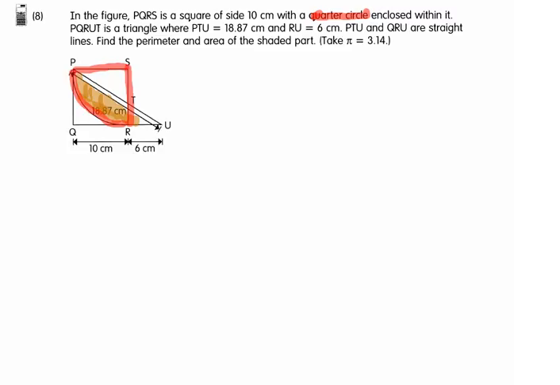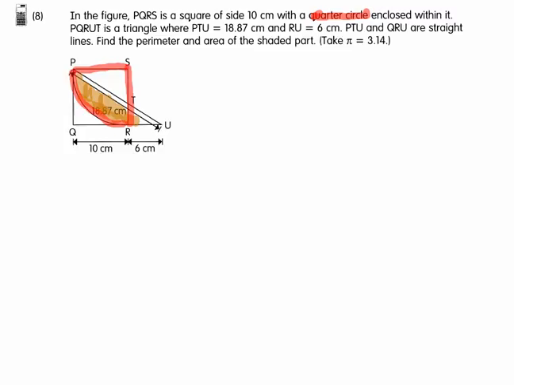Then PQRUT is the triangle, right? Okay. Where PTU is actually 18.87. So this pi is 18.87. You have two straight lines, PTU and QRU.